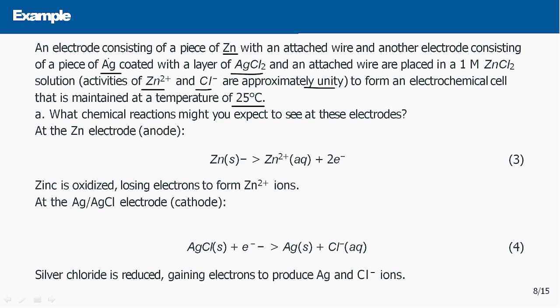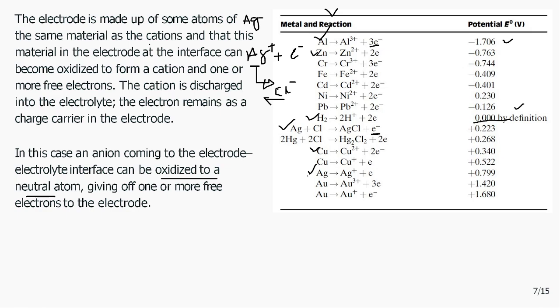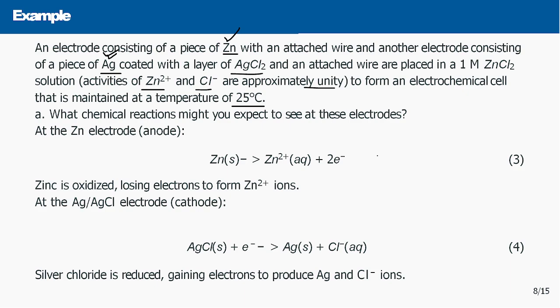We have 2 electrodes, zinc and Ag, and we can see from the table the half cell potentials of zinc and AgCl. Because of these potentials, the zinc electrode is the anode, so oxidation takes place.